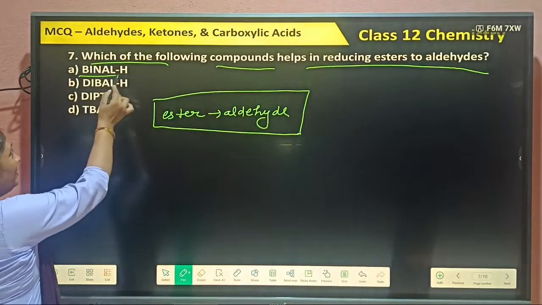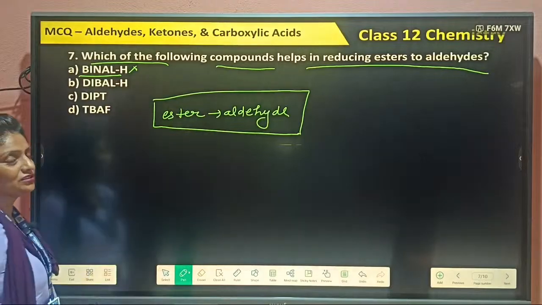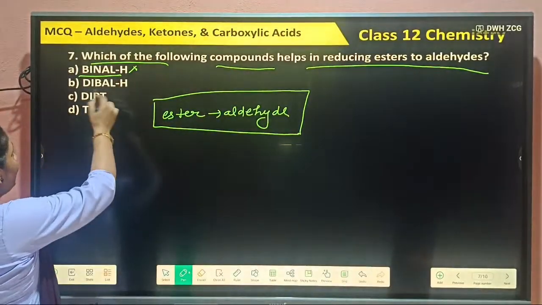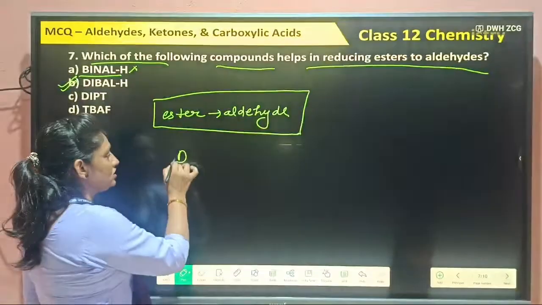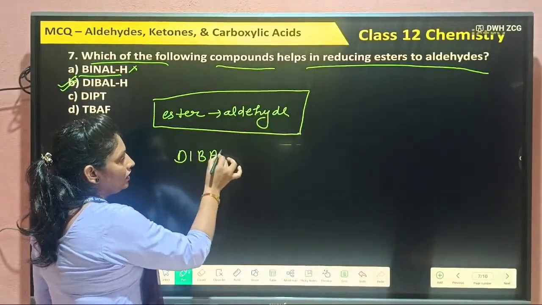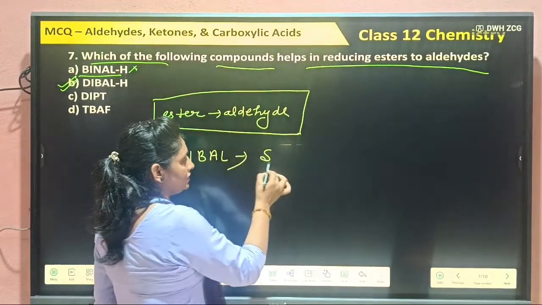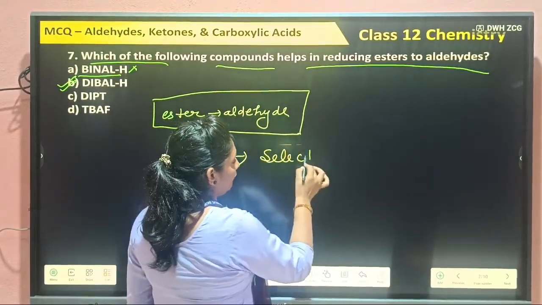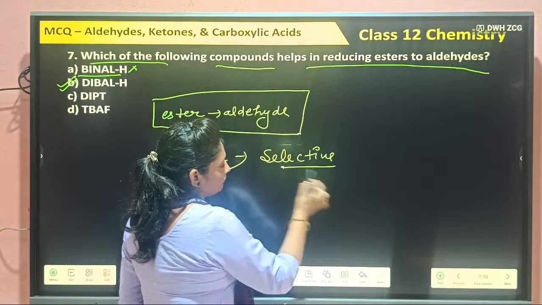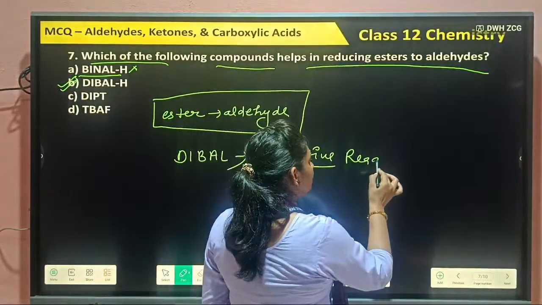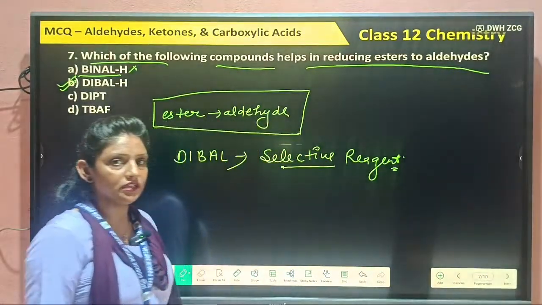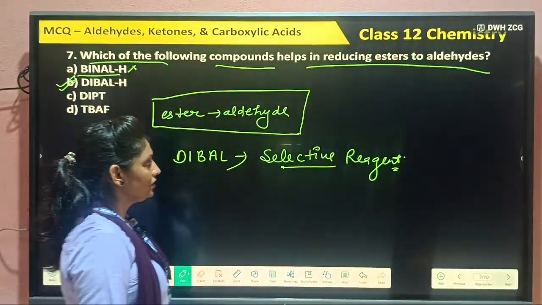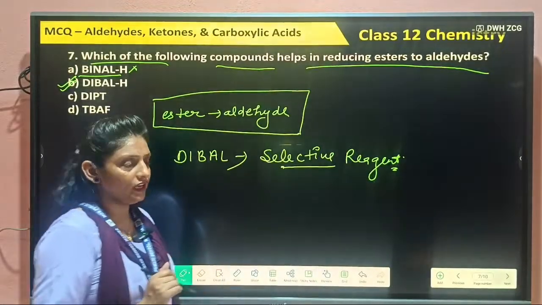We use DIBAL-H. Dibal-H is a selective reagent, because it shows selective reduction. It can reduce only esters and nitriles into the aldehyde.